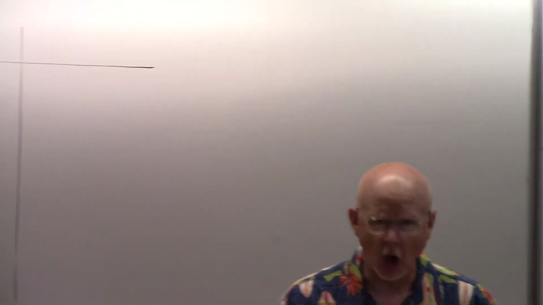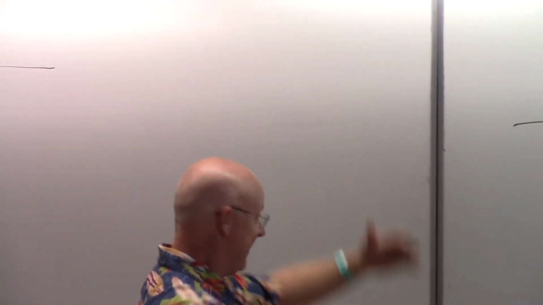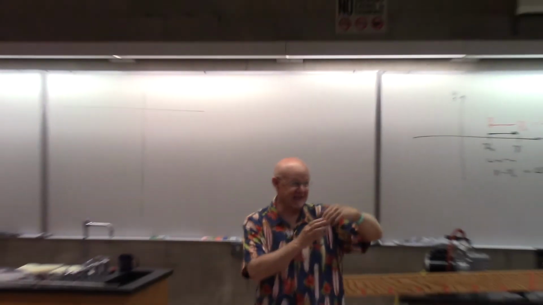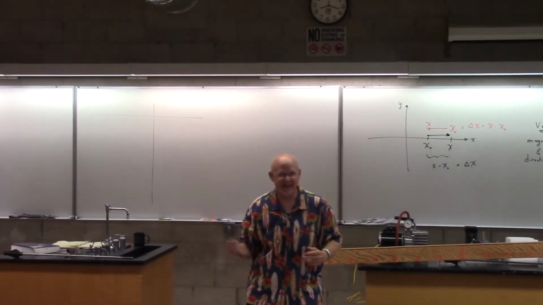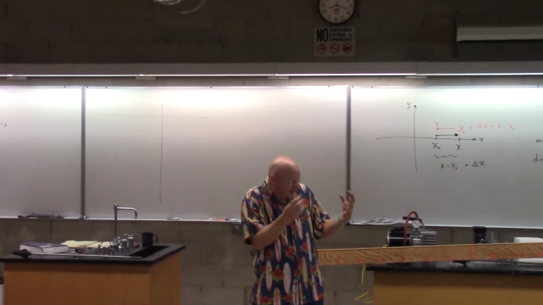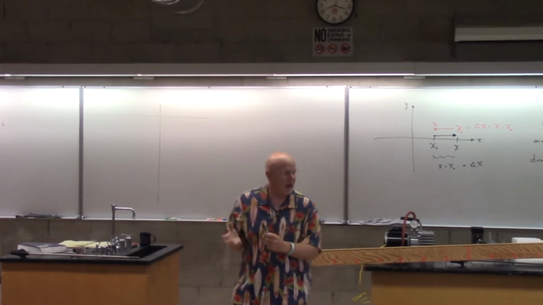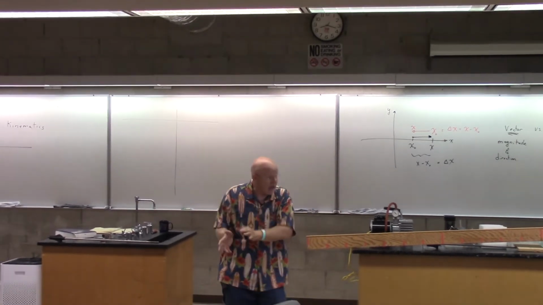If we look at the clock and say, okay, now we've been in class for 15 minutes, does it make any sense to say, oh, 15 minutes to the north, or 15 minutes to the south, or 15 minutes to the west, or 15 minutes to the east? Direction just doesn't come into play for that physical quantity. So time is a scalar.